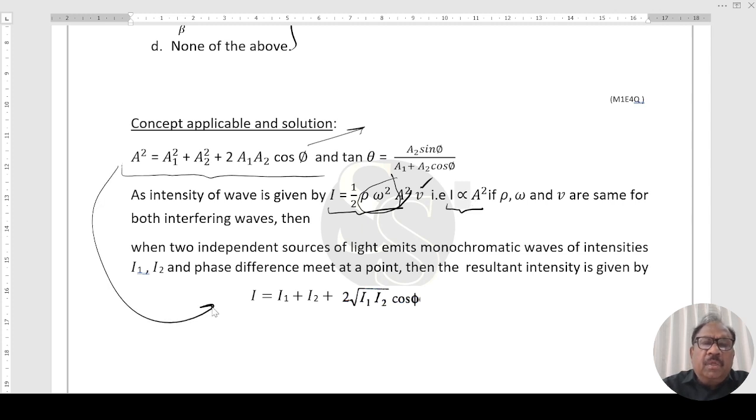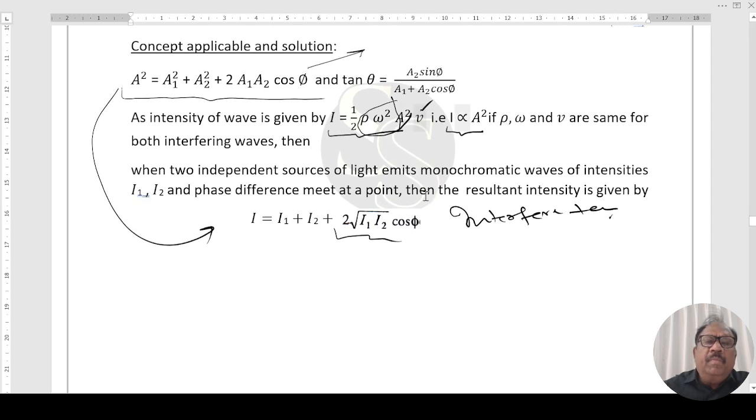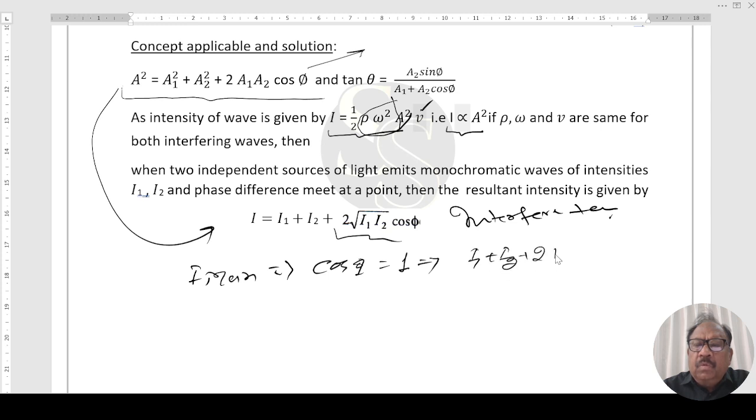Then this can be reduced as I equal to I1 plus I2 plus 2 under root I1 I2 cos phi. This term is known as the interference term. Now, I maximum will be when cos phi equal to 1. That is I1 plus I2 plus 2 root I1 I2 into 1.